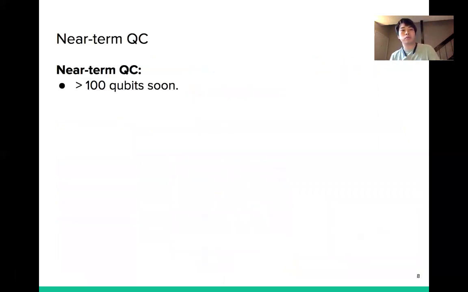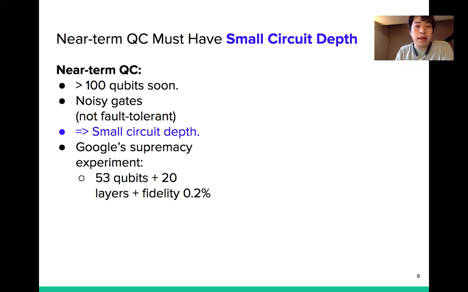Now we are ready to talk about near-term quantum computers. For near-term quantum computers, we believe that we can have more than 100 qubits soon. But the gates will be noisy, so it is not fault tolerant. This implies that we can only have small circuit depth, because when you operate each gate on your qubits, it gives some noise, and that noise accumulates very fast.